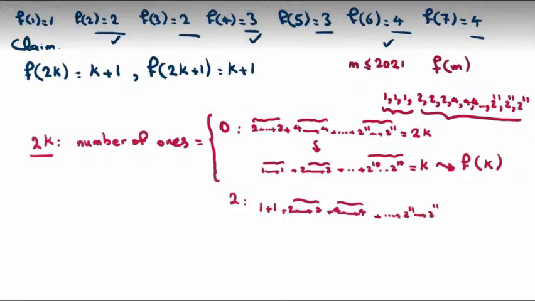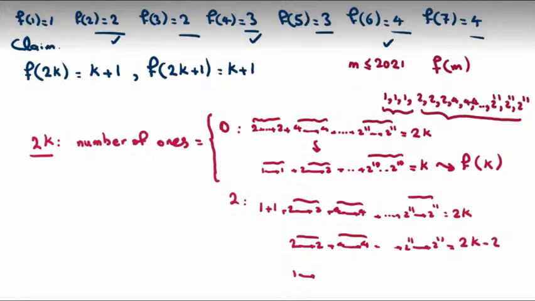It will be 2k, and then I subtract these 2 ones, it will be some combination of 2s, some combination of 4s, up to some combination of 2 to the 11, maybe 0. Then it will be 2k minus 2. I subtract 2 ones from both sides. Then I divide by 2. It will be some combination of 1s plus some combination of 2s plus up to some combination of 2 to the 10.